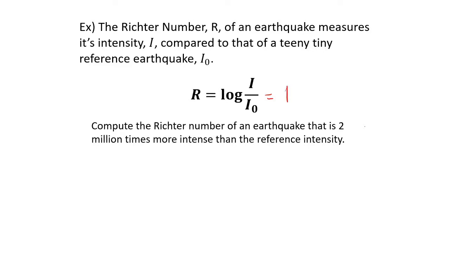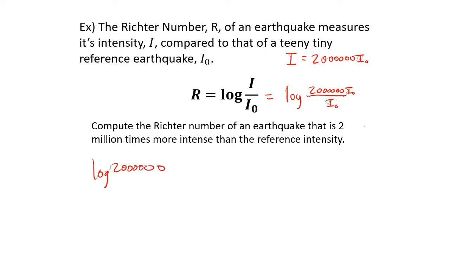So the intensity of this earthquake is 2 million times the reference intensity. So 2 million I naught divided by I naught, and then what is the log of 2 million?